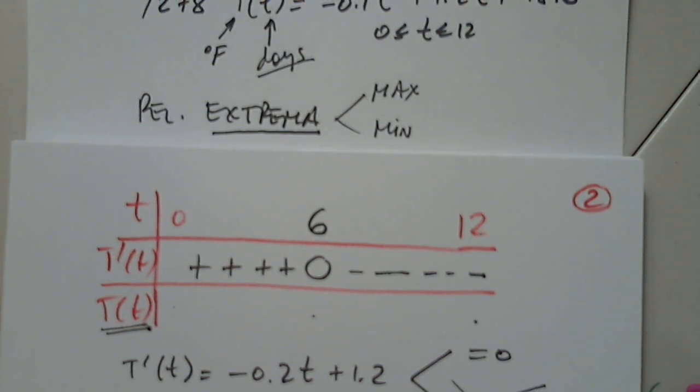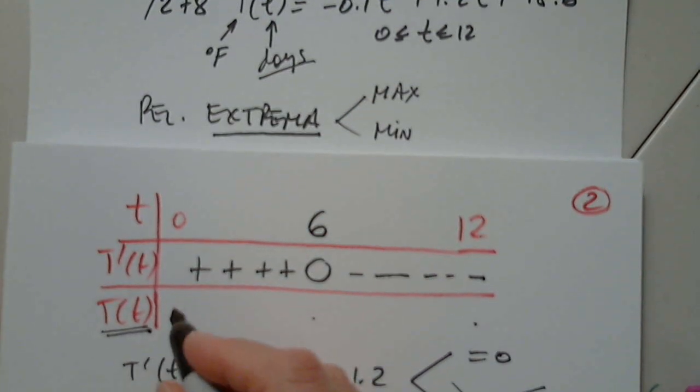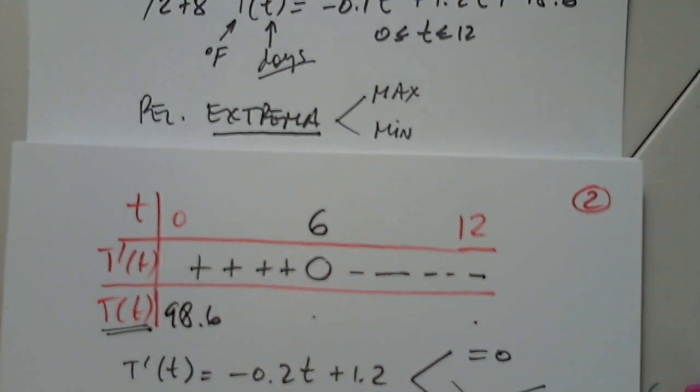And then easily plug in those numbers that I need, only those, 0, 6, and 12. So go back up, 98.6, of course, 102.2, and 98.6.